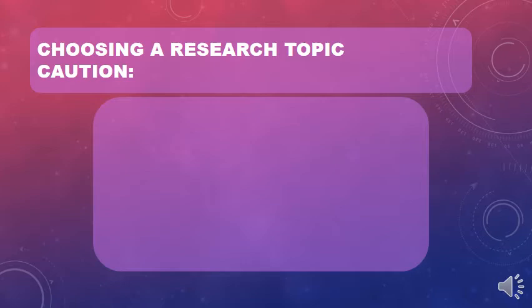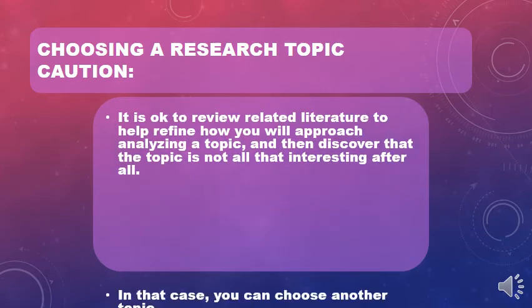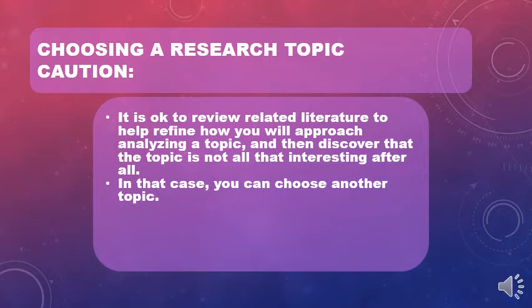So choosing a research topic, here's the cautionary tale. It is okay to review related literature. It helps refine your approach in analyzing a topic. It also allows you to discover that maybe the topic that you were initially researching is not that interesting. Again, you can choose another topic.